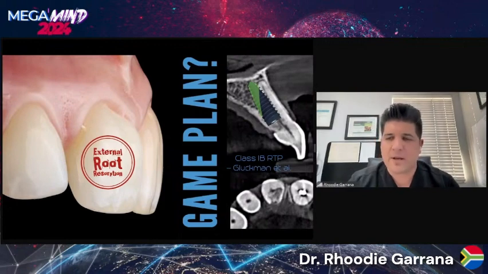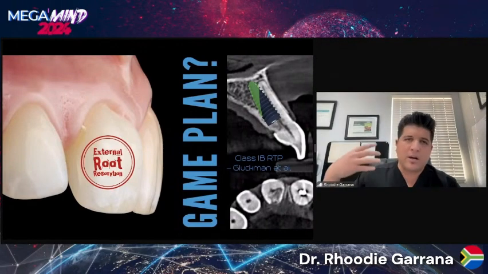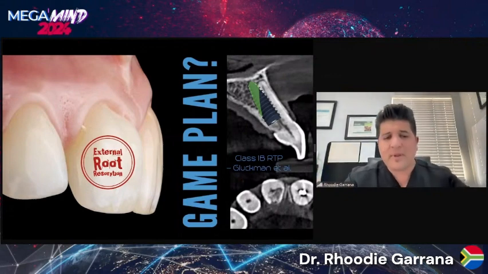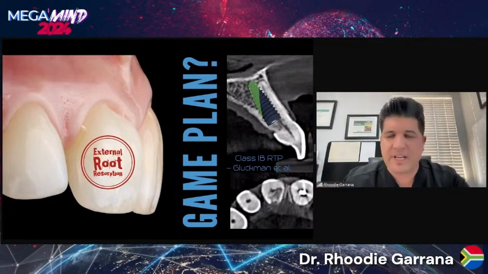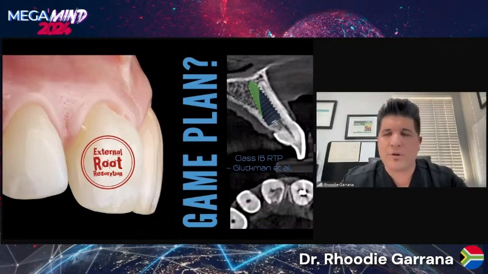If you look at the work done by Joseph Kahn and the likes, we would like at least 50% of the implant to be embedded in native bone when considering an immediate situation. Obviously, Osstell readings taken at the time of placement are a decisive factor, but this is something that's certainly going to play on my mind. So we're already starting off on a little bit of a back foot if we were looking at removing the tooth and placing an implant.